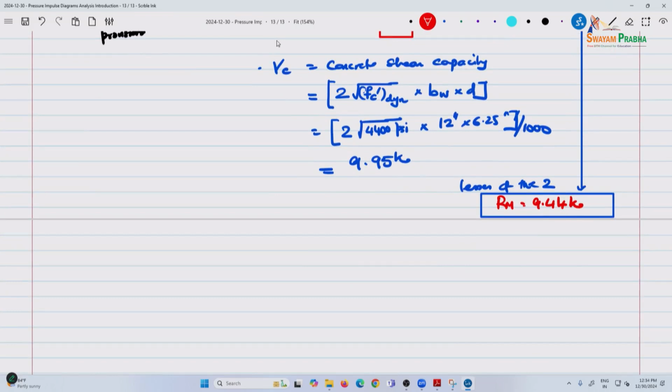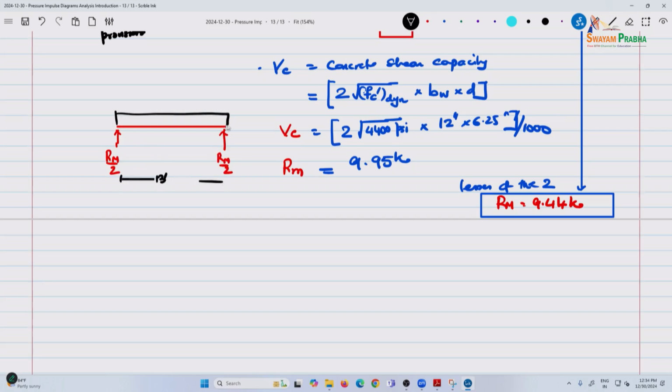Now, the other thing I had mentioned, let me mention Rm. This is Vc. This is interesting to see. If you have Rm by 2 at each end, and this is the span of 13 feet, the shear capacity is somewhere here, but that Vc is Rm by 2.